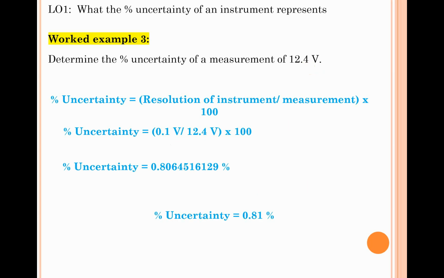And then again, round that to two significant figures. Be careful again there, that's a 6 before the 0, it must be rounded up. And again, we can now say, look, this voltage is equal to 12.4 volts plus or minus 0.81%. And again, you might want to pause if necessary to copy down any corrections.